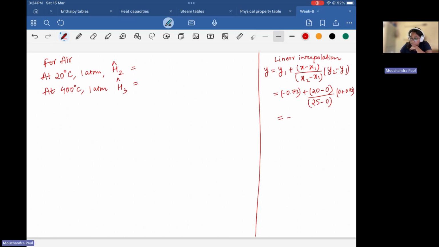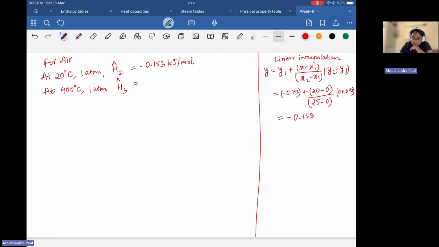I'm getting minus 0.153 kilojoules per mole.